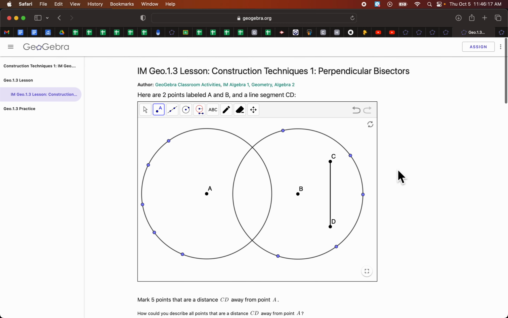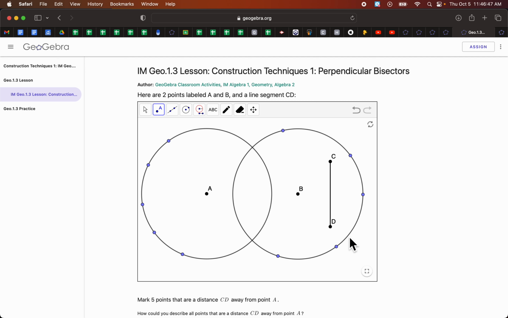Now, this is the hard part. We're going to try and find some points that are exactly this far away from A and this far away from B at the same time. We know that all the points on this circle are the same distance away from A, and all the points on this circle are the same distance away from B, and that distance would be this distance right here, CD.